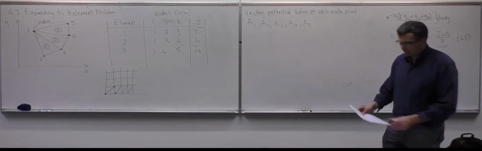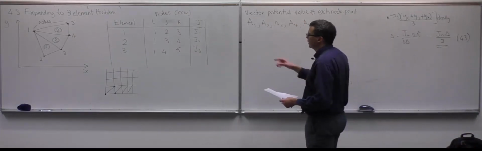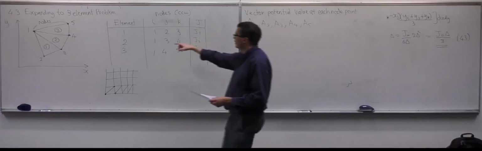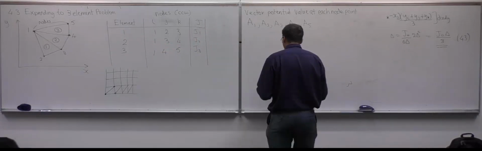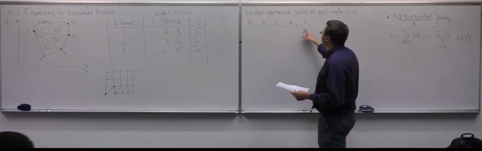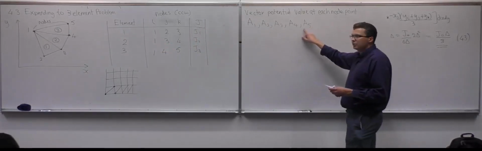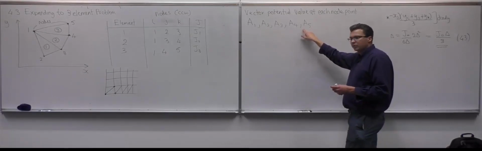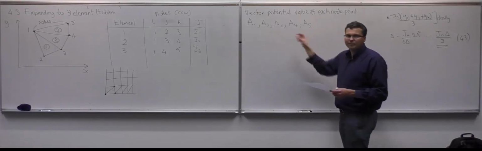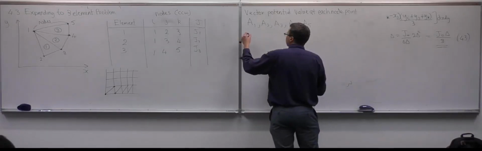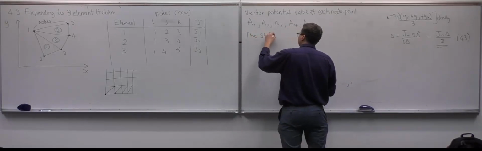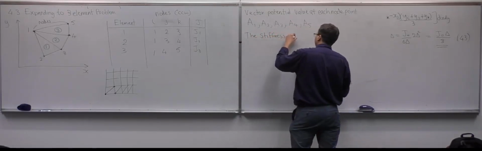So then let's look at element 1 in the context of having 5 nodes. Because we have 5 magnetic vector potentials, the stiffness matrix needs to be 5 by 5 in size.